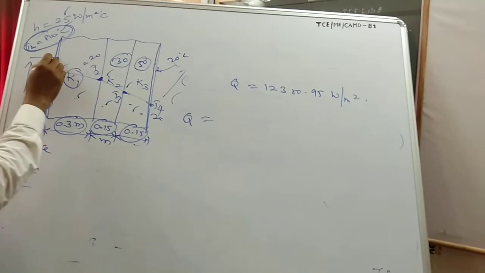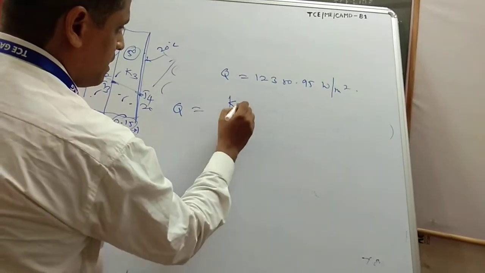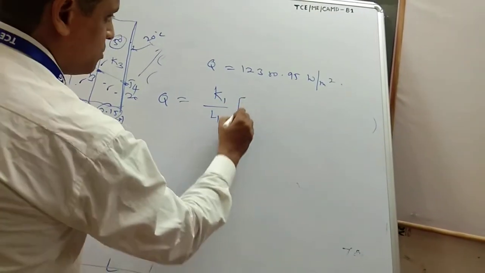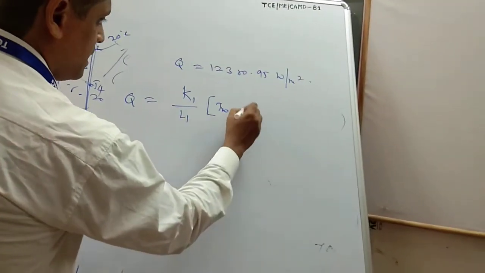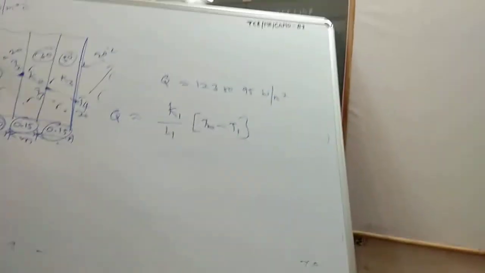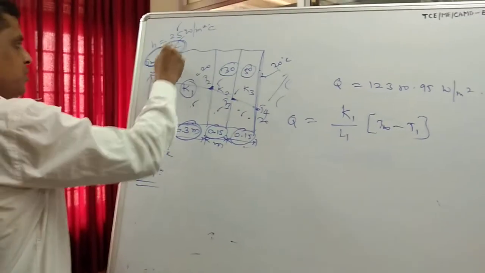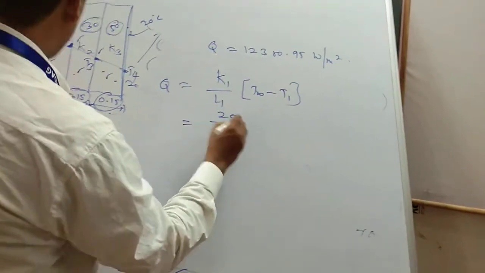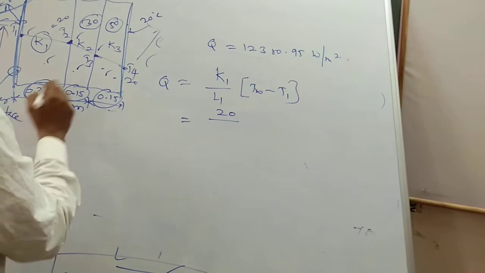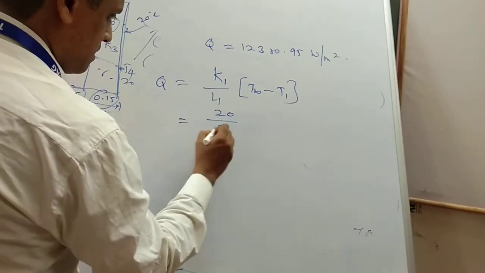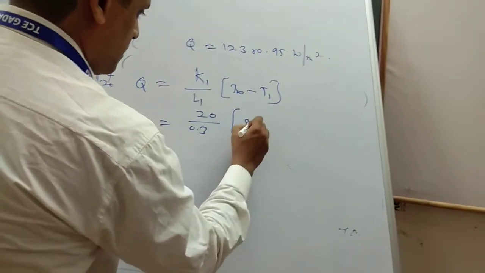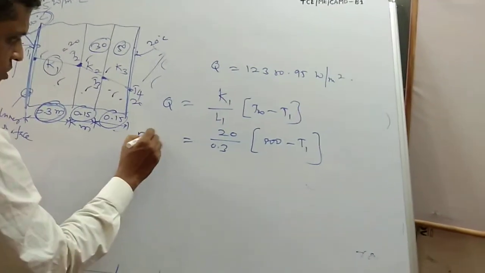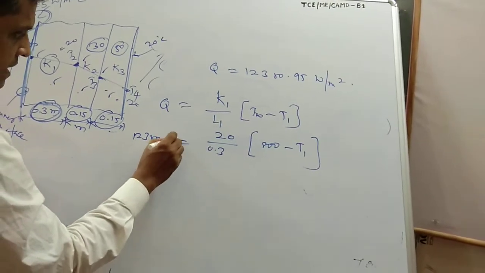Now from this to this, T infinity, k1 by L1, dx is L1, into T infinity minus T1, from 800 ambient temperature to the inner surface. Now what is the K1 value? 20. L1 is the thickness of material 1, that is 0.3. T infinity is 800, T1 is unknown. Q is known, just now we have calculated 12,380.95.